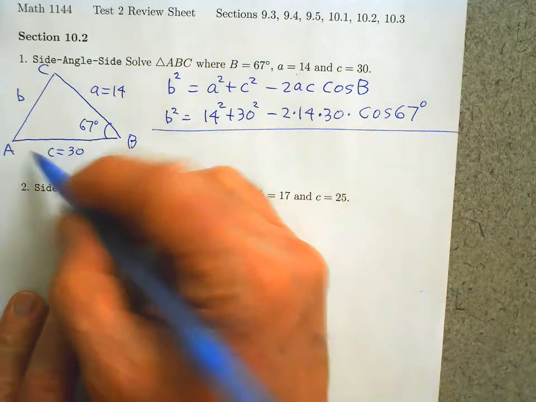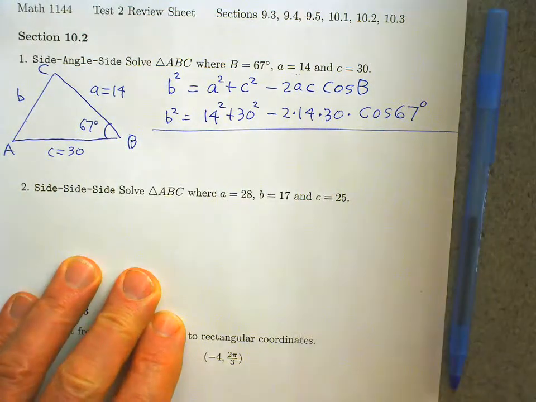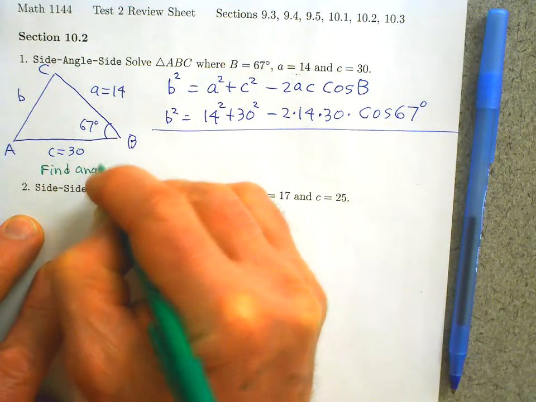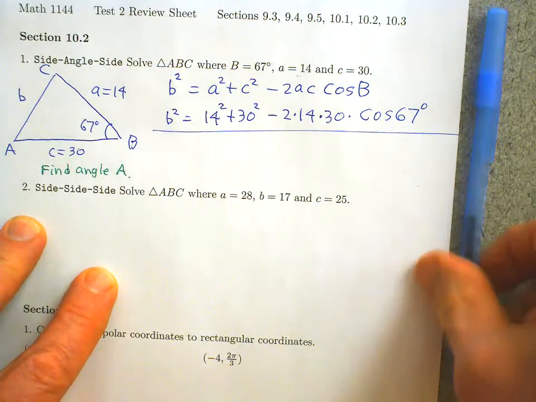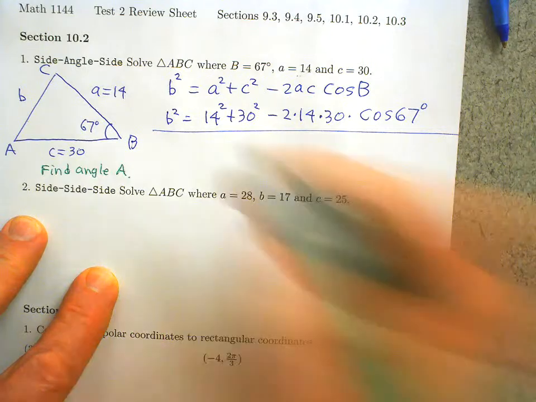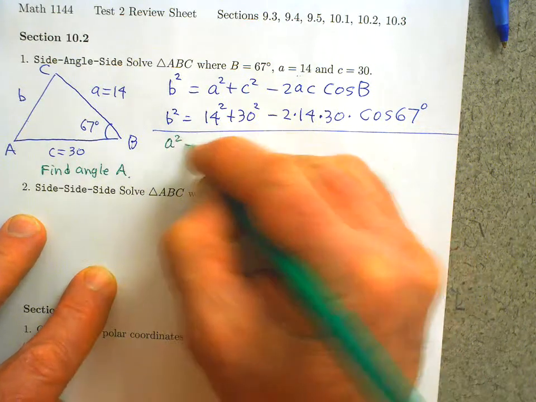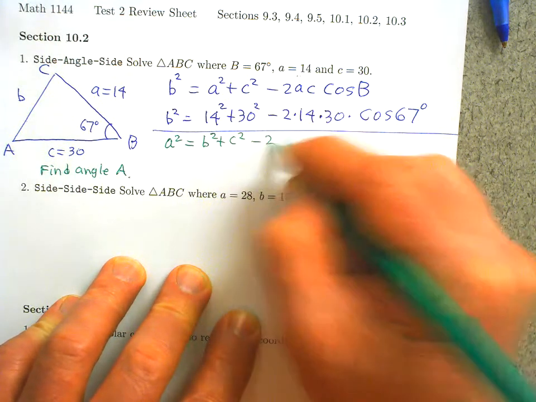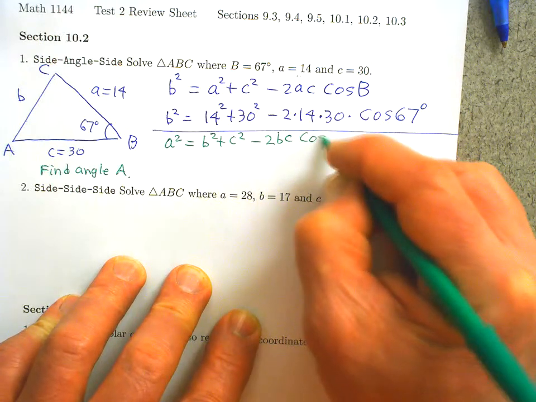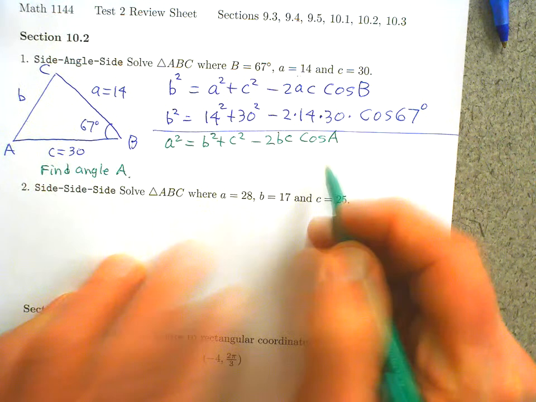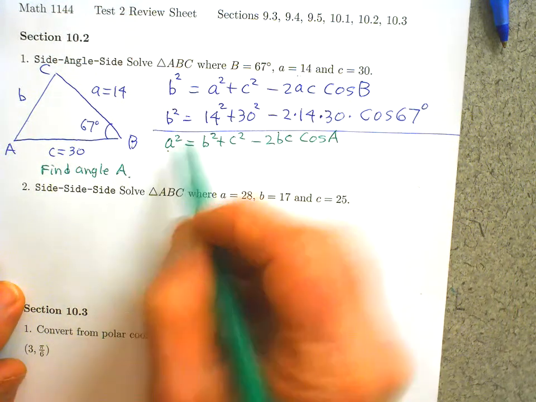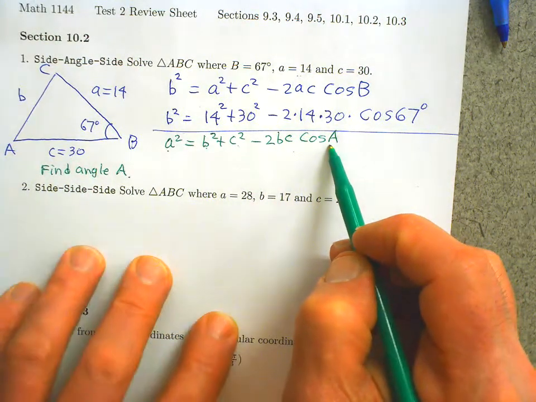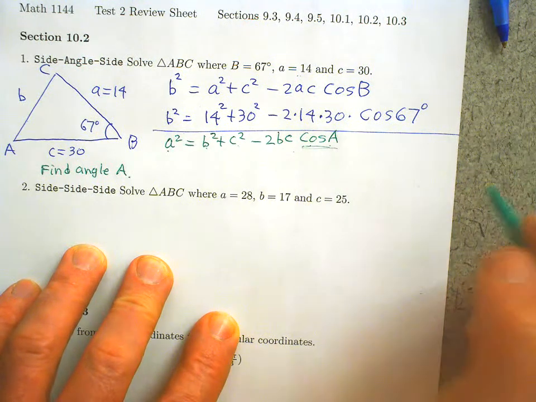So to find angle A, well, we'll use this formula, a squared equals b squared plus c squared minus 2bc times the cosine of A. Okay, because we know what a is. From above, we know what b is. c is also known. So we can determine what cosine of A is.